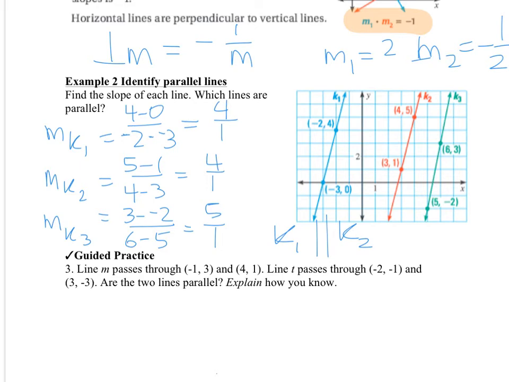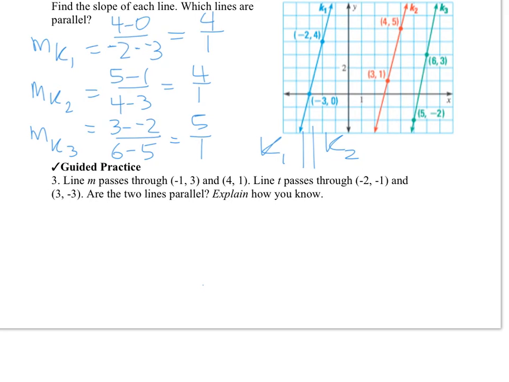Okay, so you go ahead and do the guided practice. You need to find the slope of line M and the slope of line T, and then determine if they are parallel. So pause the video and then watch the answer transpire when you're done.